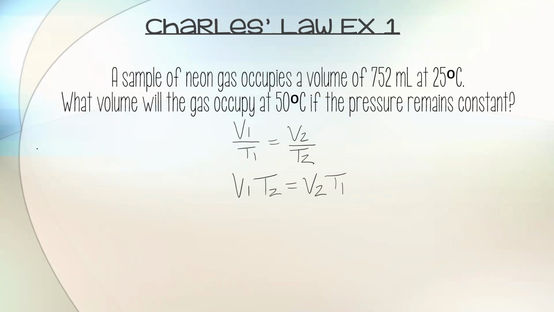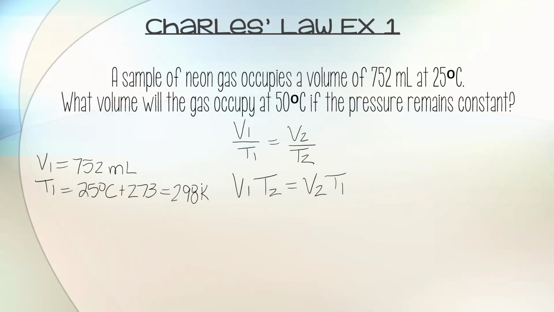Okay, let's make a list. V1 is 752 milliliters. T1 is 25 Celsius, but we have to change it to Kelvin, so we add 273. So we get 298 Kelvin. That's what we have to use for the problem.